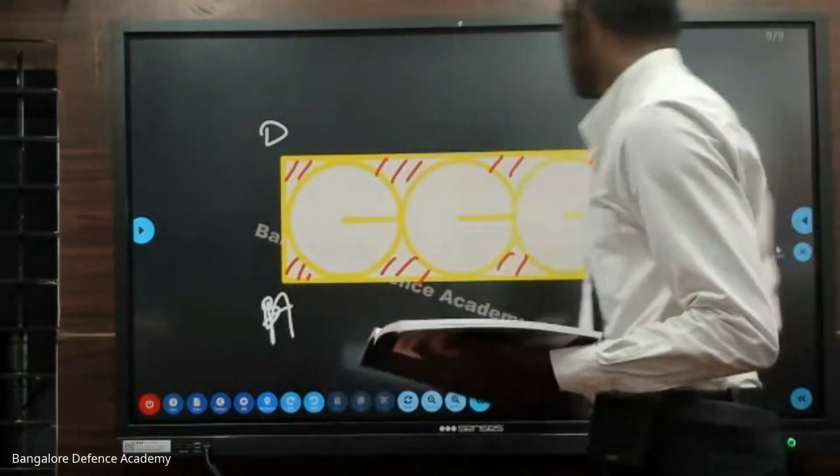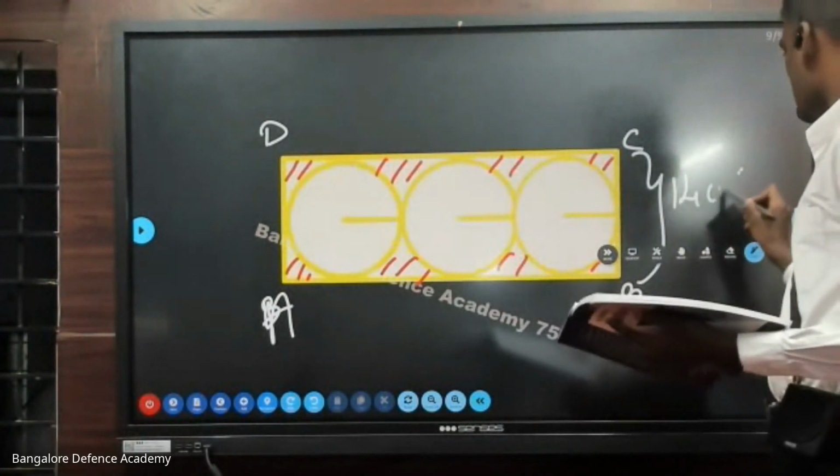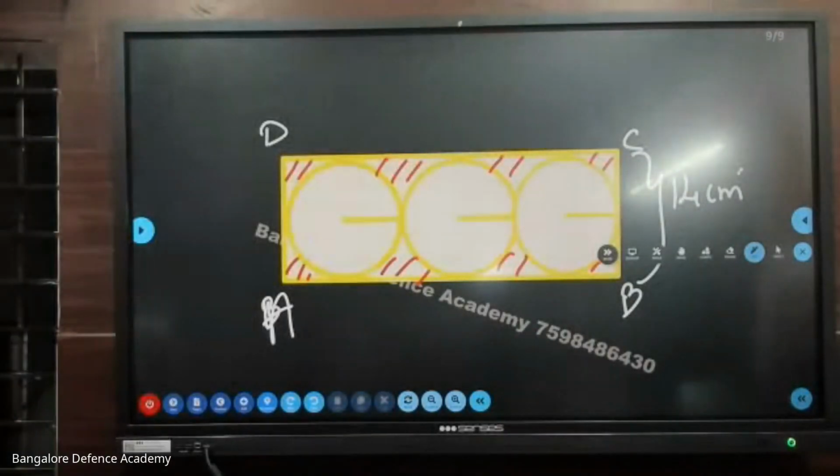This is A, B, C, D, and BC is given as 14 centimeter. Find the area of the shaded region.